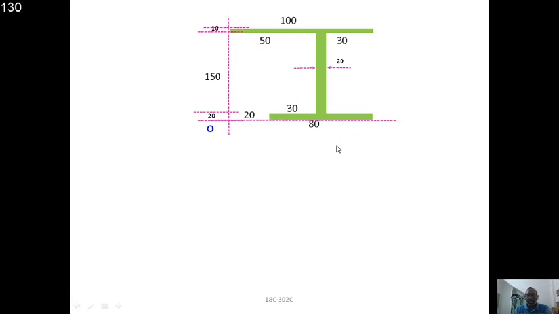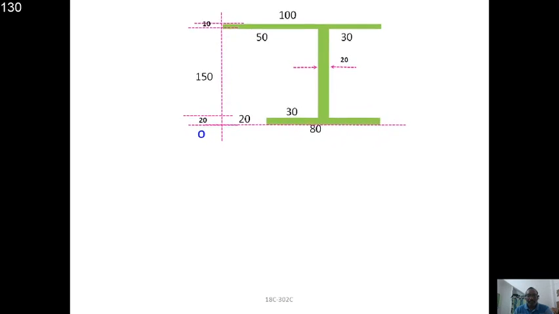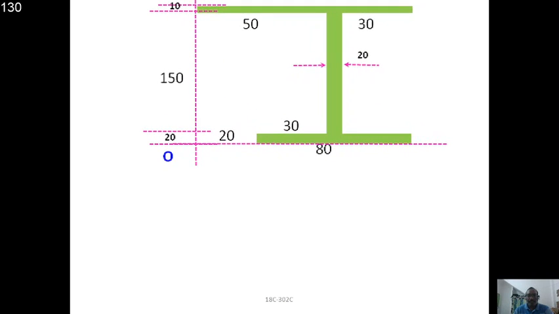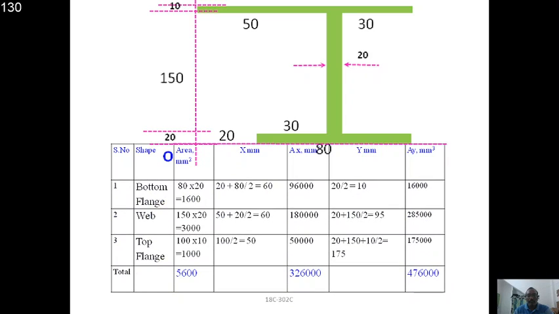After getting these dimensions, we will go for the analytical method of solving for both the axes because it is asymmetric. Now you see, the same simple procedure we need to follow.